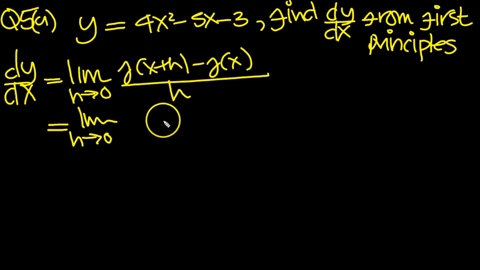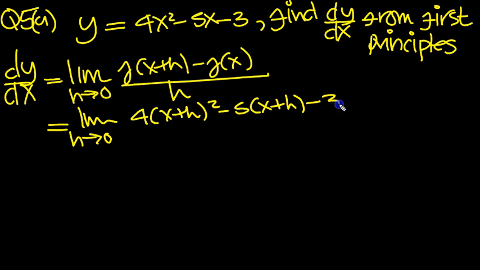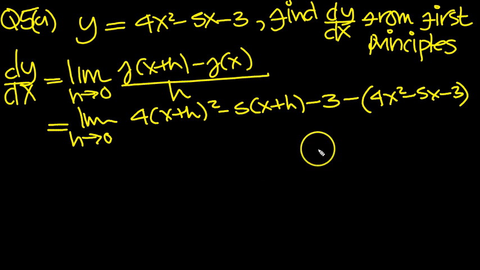Well, here's f of x, so instead of x's, we need to input x plus h's, don't we? So we've got 4(x plus h) squared minus 5 lots of (x plus h) minus 3. There's our f(x plus h) minus f(x). So it's a bracket, and f(x) is 4x squared minus 5x minus 3. Okay, and that would be the top bit, all divided by h.